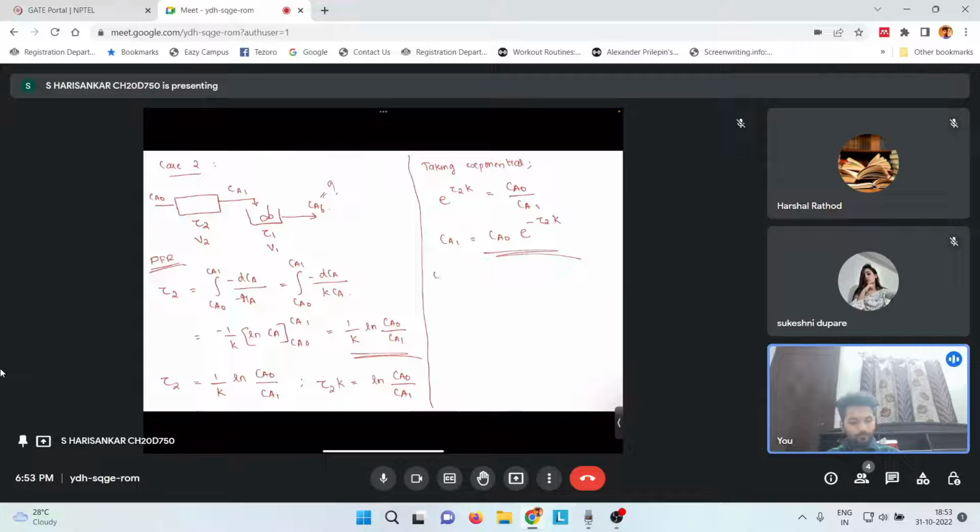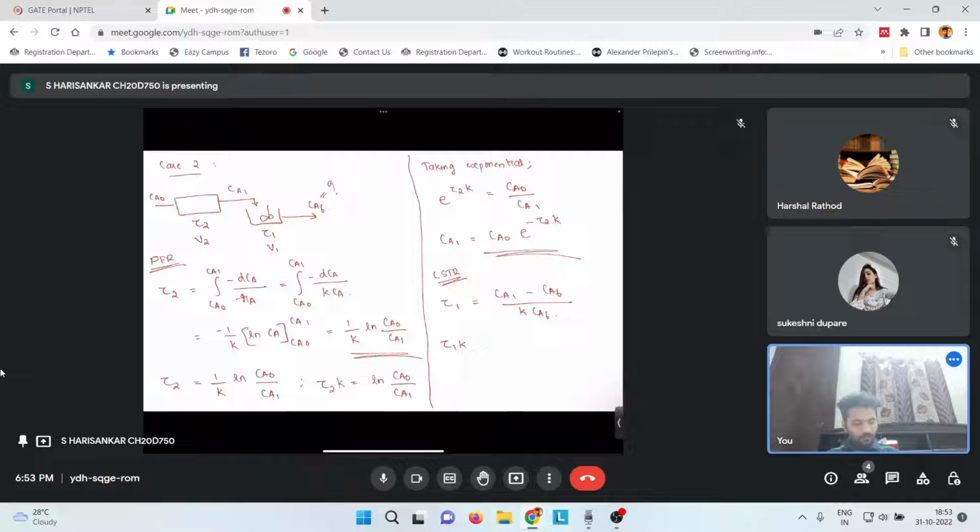Now we do the same for CSTR. For CSTR, tau 1 will be CA1 minus CAF by K CAF. Now rearrange this.